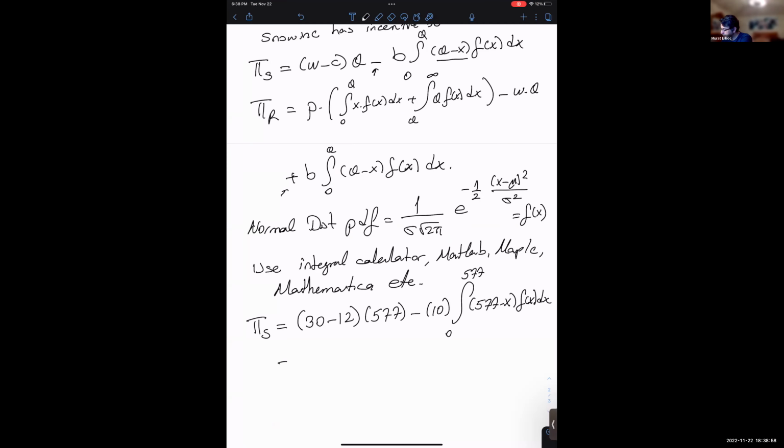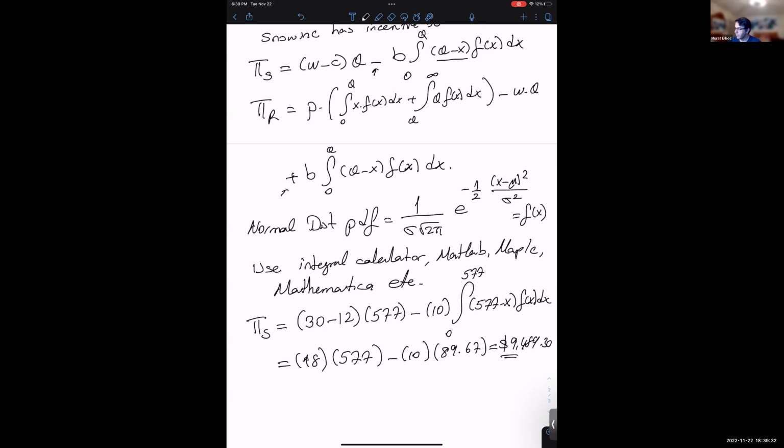It's going to be 30 minus 12, which is 18, right? 18 times 577 minus 10 times, what did you find? 89 something, right? It should be 89.67. And if we do the calculation, it's going to be $9,489.30. So that will be the profit for the supplier.